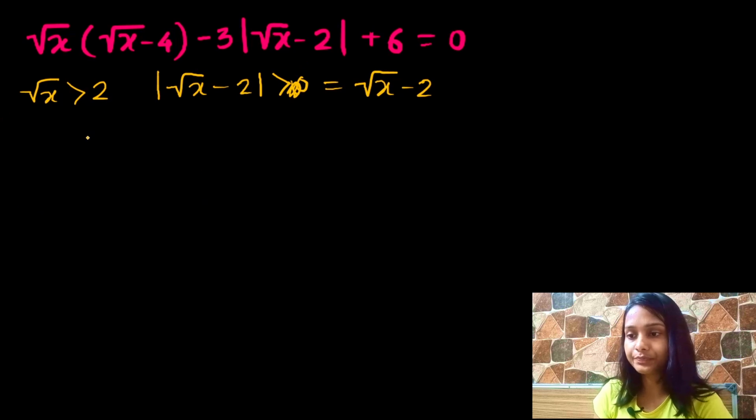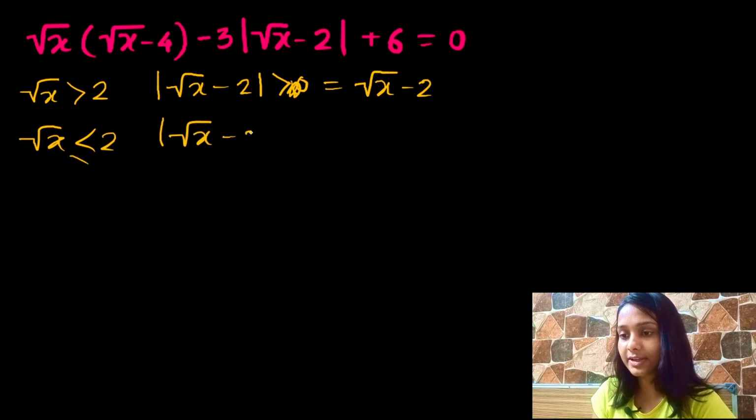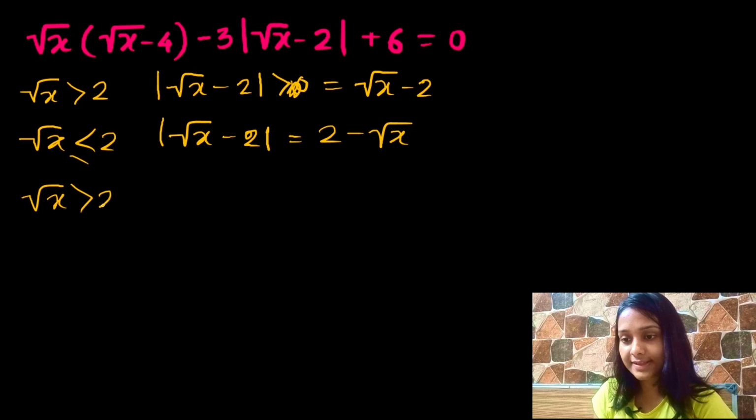And when root x is lesser than or equal to 2, it will give mod of root x minus 2 as 2 minus root x. So let me first do this case. This is case 1.